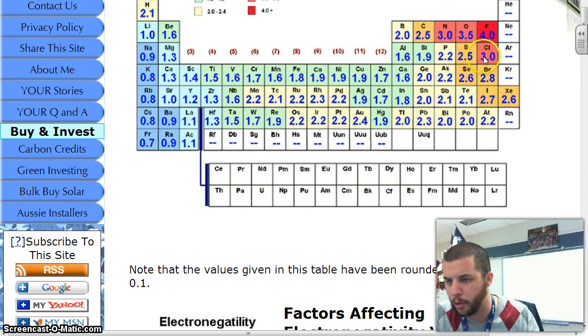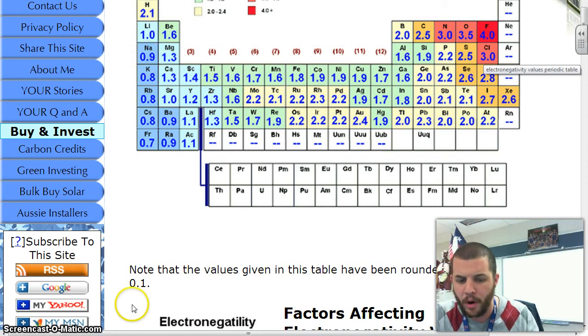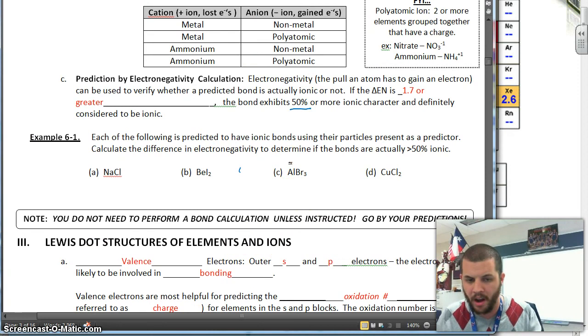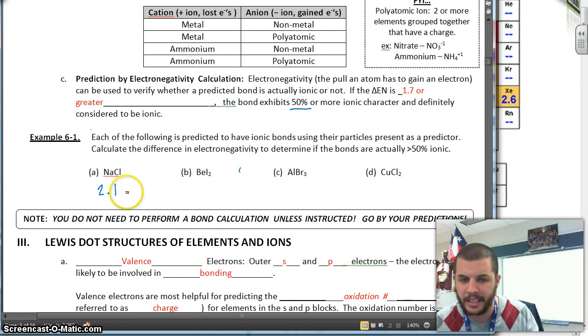So if I do 3.0 minus 0.9, that's going to give me a delta EN of 2.1. So now the question is, is 2.1 greater than 1.7? Yes, of course it is. So we would say that this indeed is ionic.